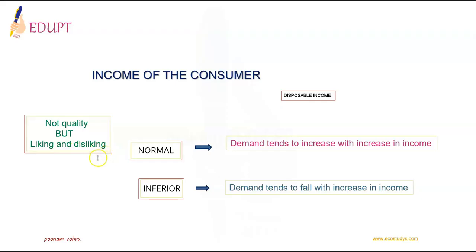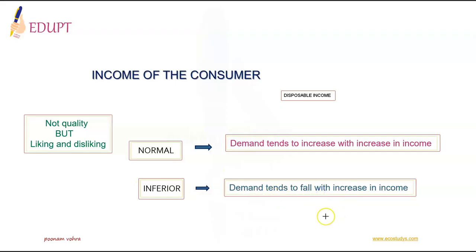A consumer who likes a good when his income was low may not like it when his income is high. Hence, a normal good is one whose demand tends to increase with increase in income and vice versa, like fine cotton cloth, whereas an inferior good is one whose demand tends to fall with increase in income and vice versa, like coarse cotton cloth.